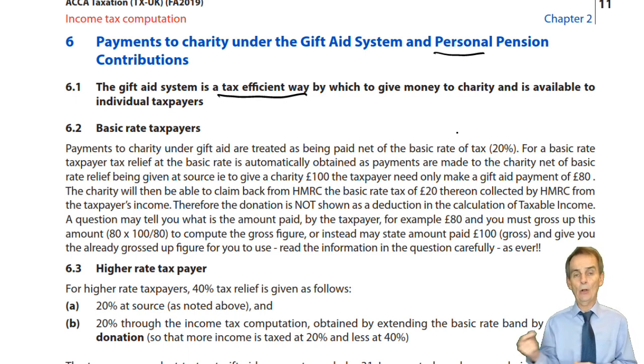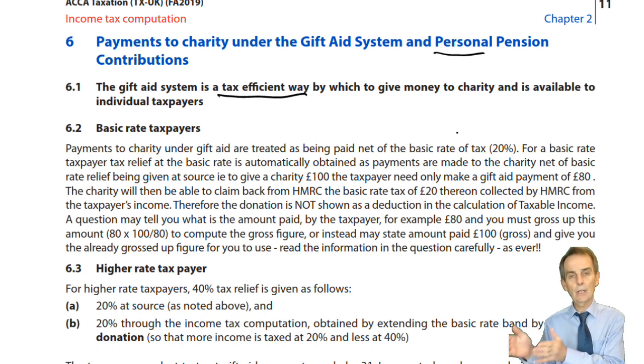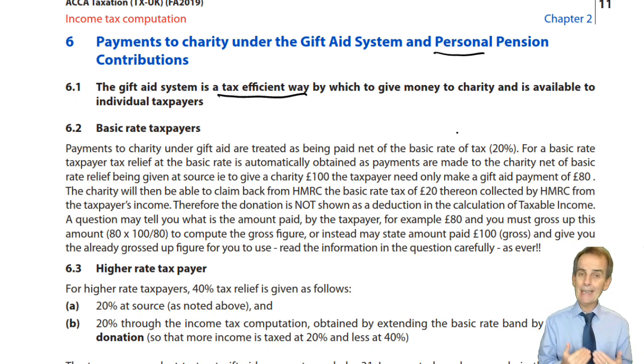We therefore are now claiming off HMRC, and HMRC will give to them the £20 tax that they took from me on that £100 worth of income. So they collected £20 tax off my £100 income, but that left me with 80, and because I was generous enough to give that to a charity under the gift aid system, when claimed by the charity, the government, HMRC, will then pay over that £20 tax that they took from me and give it to the charity. So from my £80 net payment, they end up with a gross amount of £100.